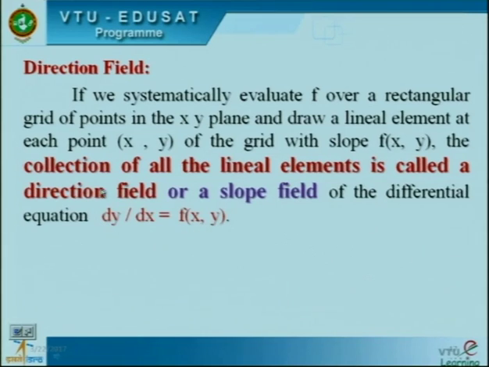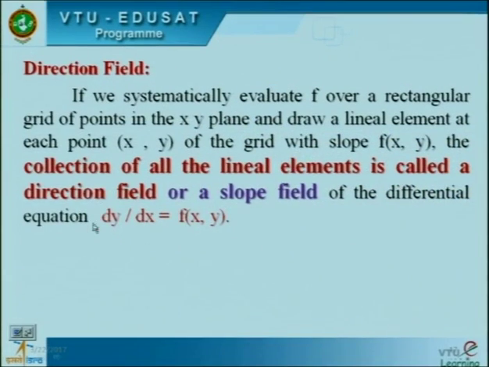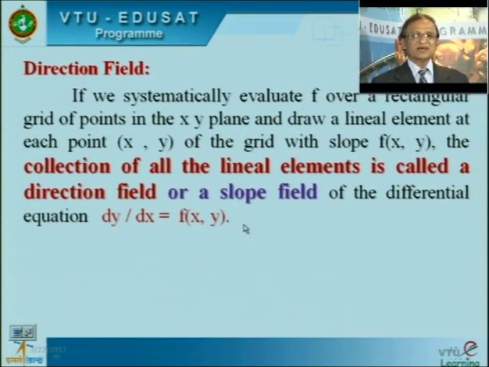Friends, what does it mean? They have given a differential equation. Differential equations behave like a human being or any other existing system in the universe.